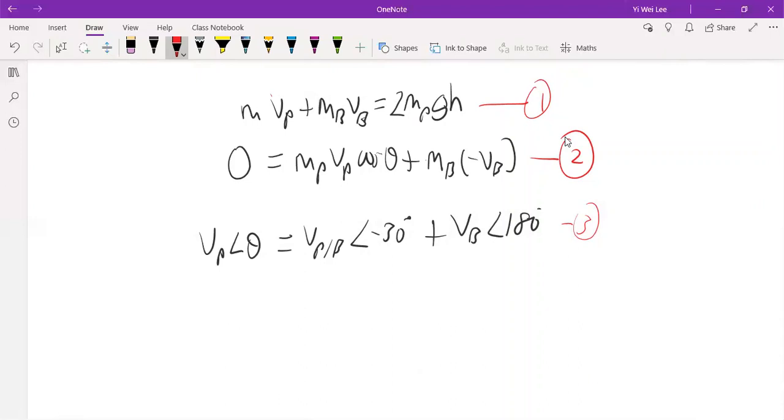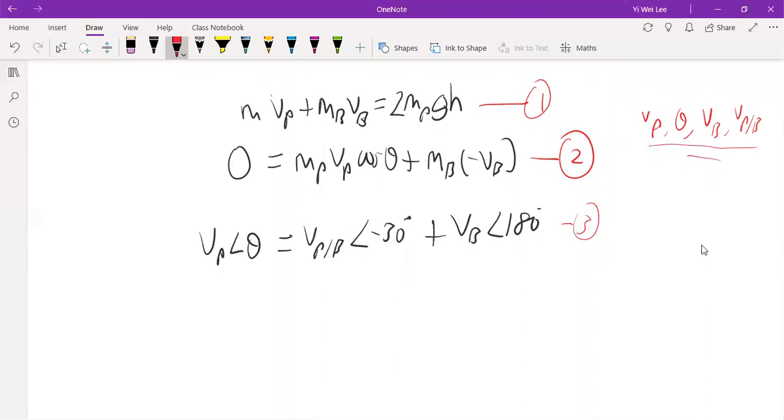Okay, now let's take a look at how many unknowns I have. The unknowns that I have now are Vp, the speed of P, the magnitude of velocity of P; theta, the direction of velocity of P; Vb, the magnitude of the velocity of B; and we have, which introduces a new term here, velocity of P with respect to B, the magnitude of velocity of P with respect to B. So I have four unknowns now.